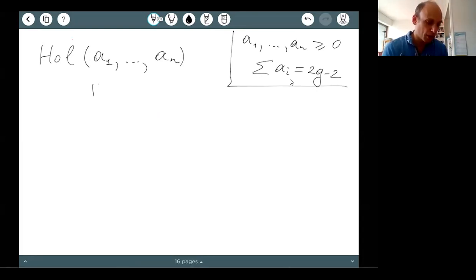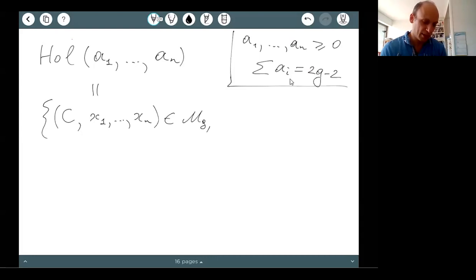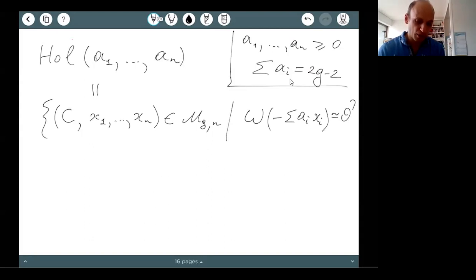So then this holomorphic locus is the set of curves of genus g with n marked points inside M_{g,n}, such that, so there are different ways of saying it, let me write the shortest way with letters: Omega(-sum a_i x_i) is the trivial line bundle.